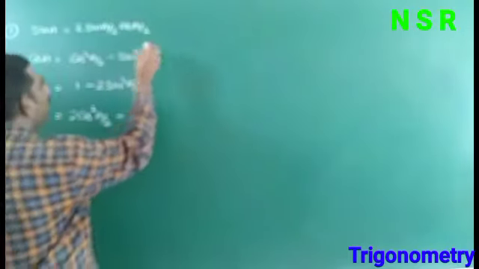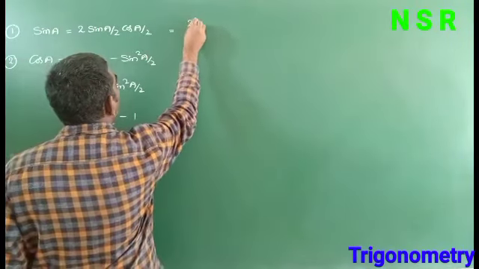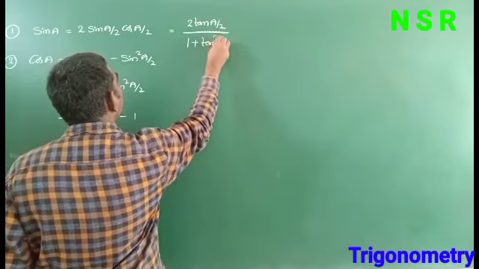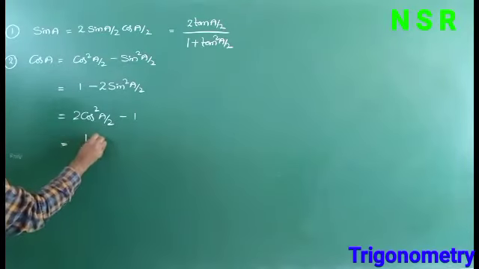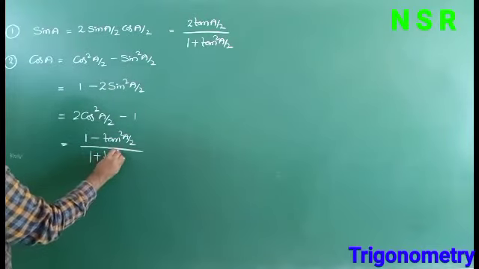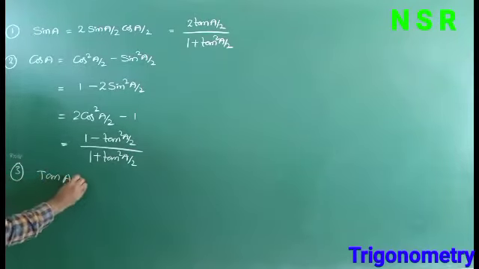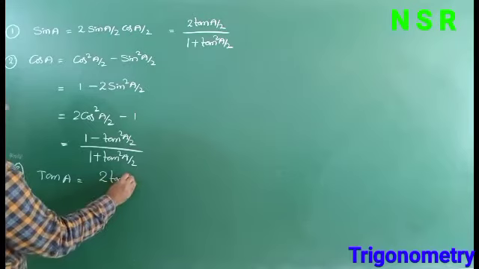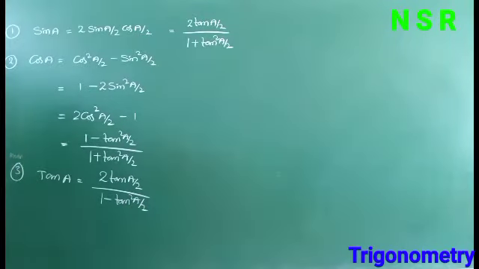Next, the formulas in terms of tan. Sin A is 2 tan A/2 by 1 plus tan square A/2. Cos A is 1 minus tan square A/2 by 1 plus tan square A/2. The third one is tan A, which we can write as 2 tan A/2 by 1 minus tan square A/2.